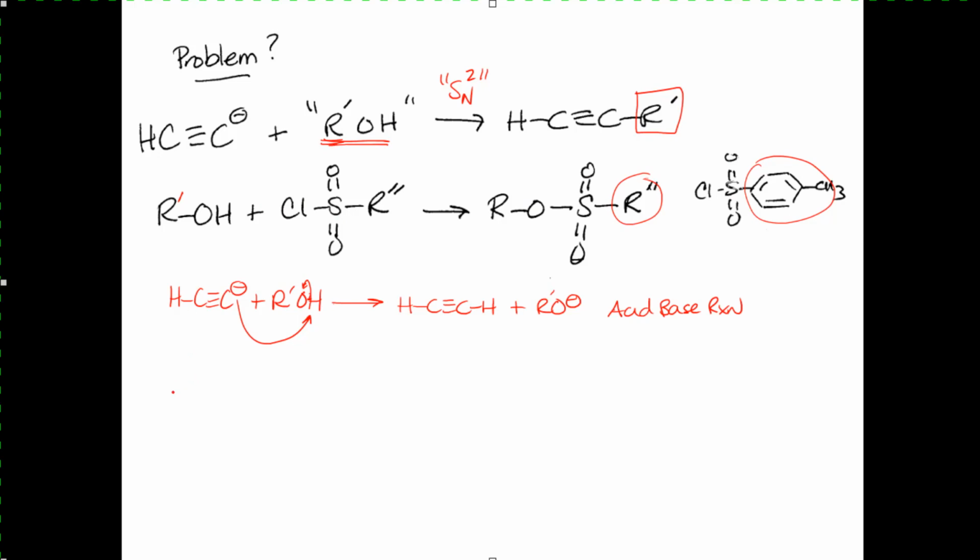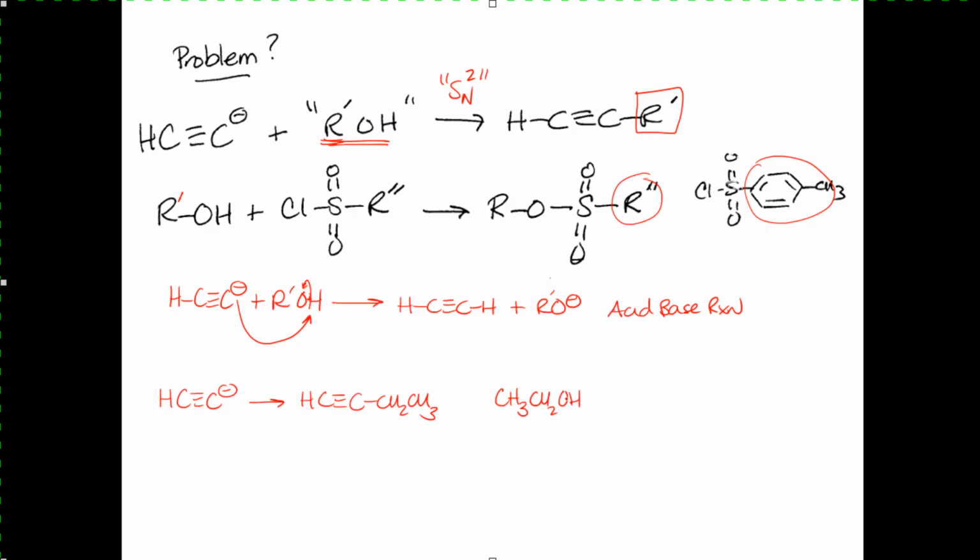So for instance, let's say I wanted to take my alkynyl anion and convert it to this, basically a but-1-yne. Well, all I had lying around was some ethyl alcohol.